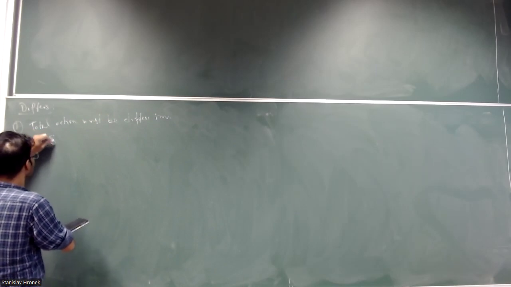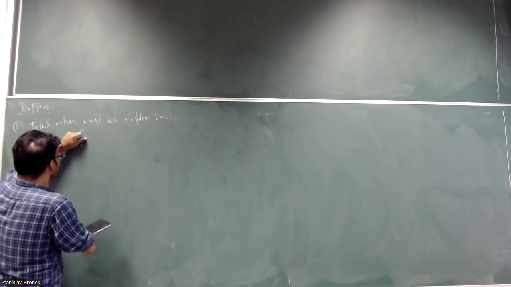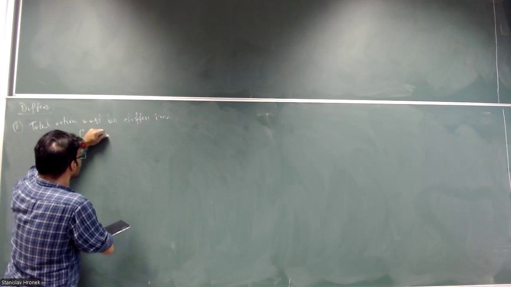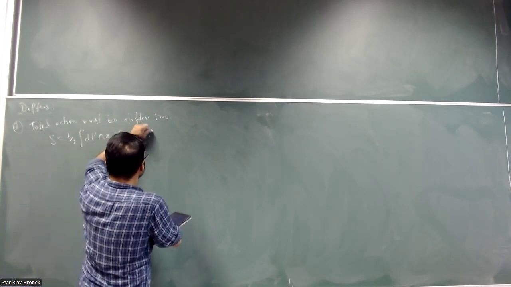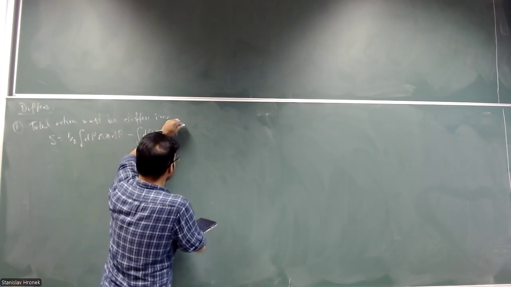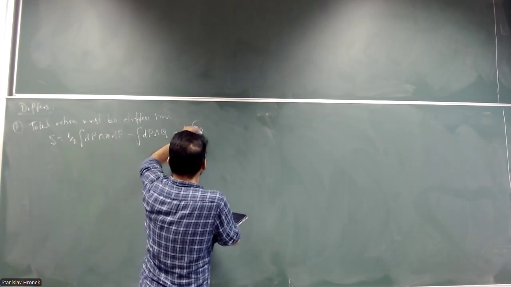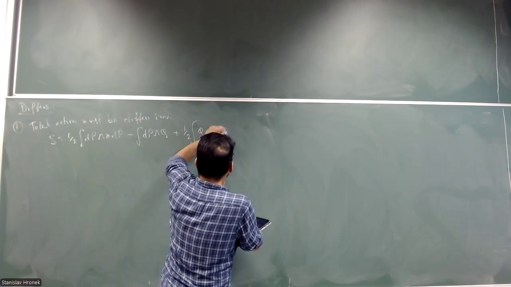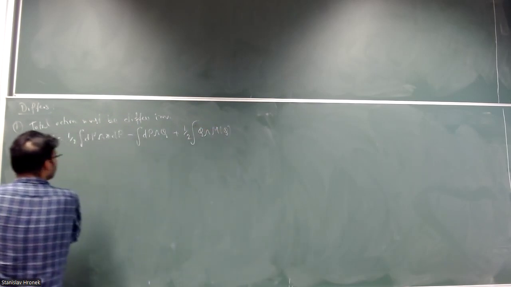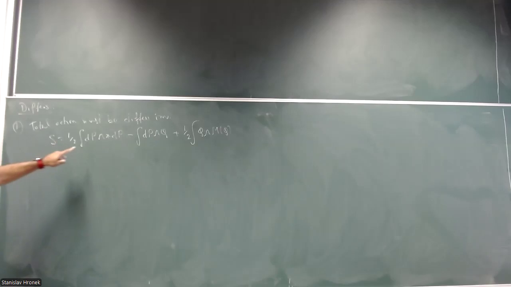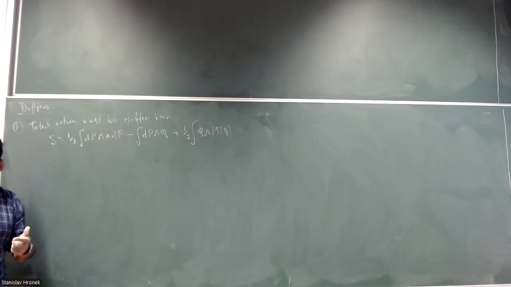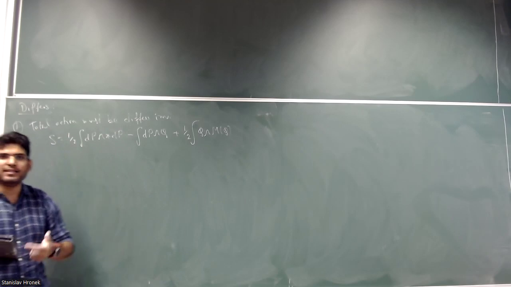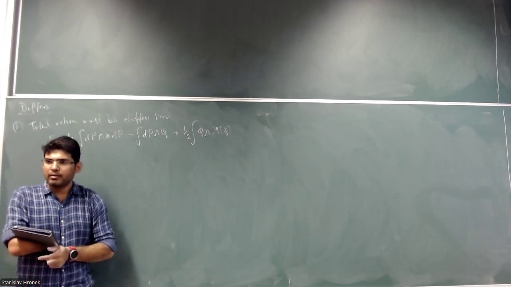Just to remind you, this was our action. And all of these integrals are not integrals over the manifold. These are integrals with respect to, thinking of eta as giving the volume form.